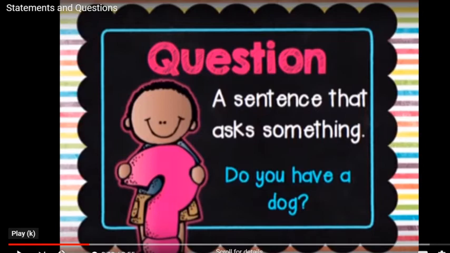And did you notice this thing? The question sentence ends with a punctuation mark other than the full stop. It ends with, yes, the question mark. So questions end with question marks.